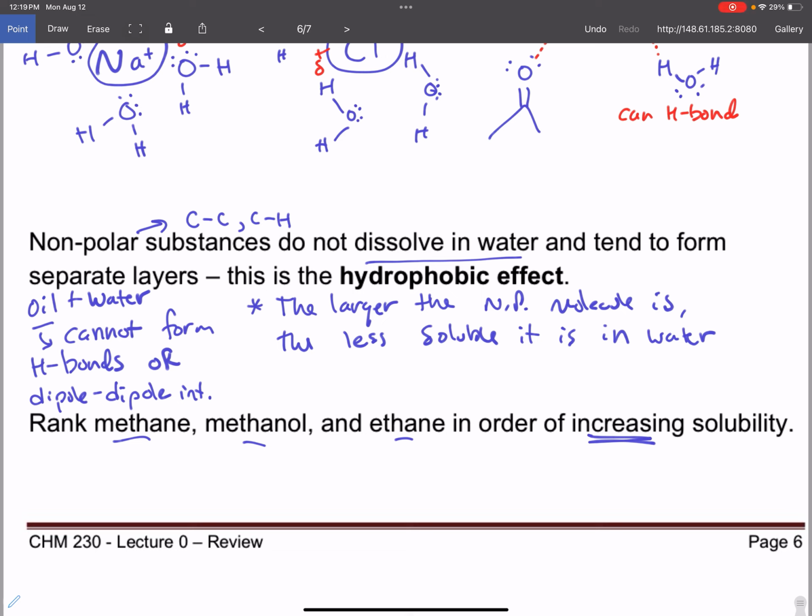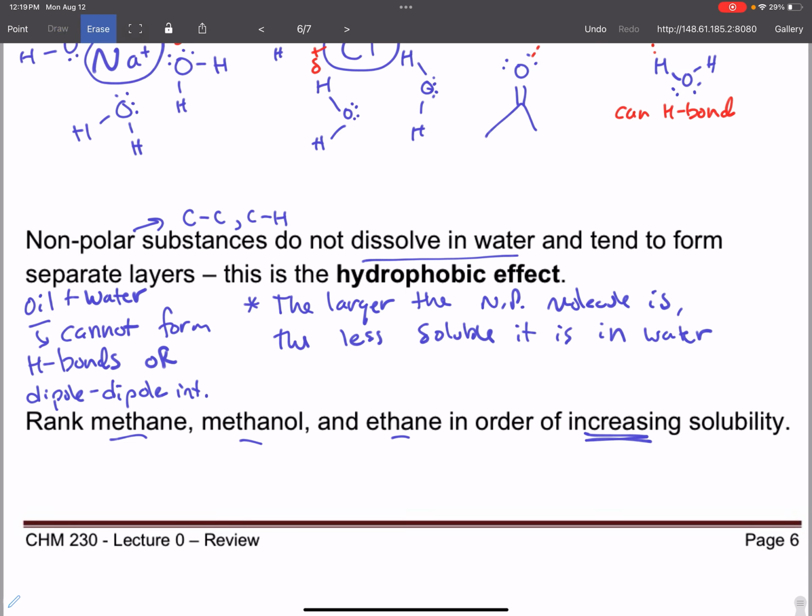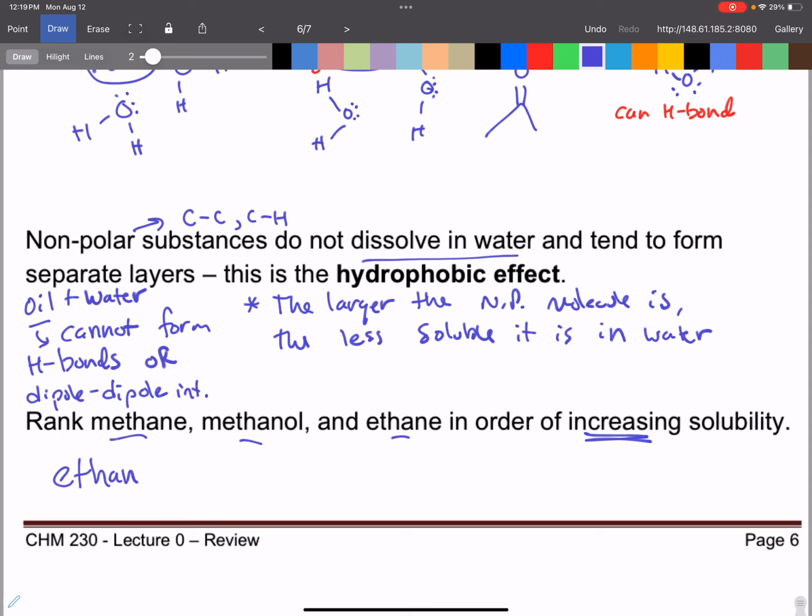Methane and ethane, on the other hand, have no dipoles at all, cannot hydrogen bond, and cannot engage in dipole-dipole interactions, so these are not going to be soluble. And then the question is, which is worse, methane or ethane? Well, like we said, the bigger the molecule, the less soluble it is. So ethane is actually going to be the worst here because it's a bigger molecule with more nonpolar surface area, and so it is the least soluble.